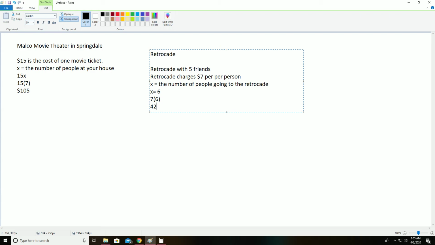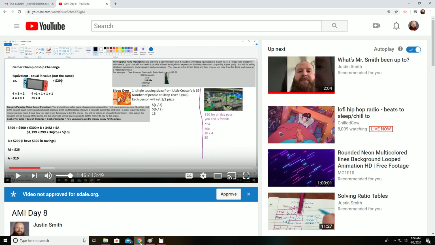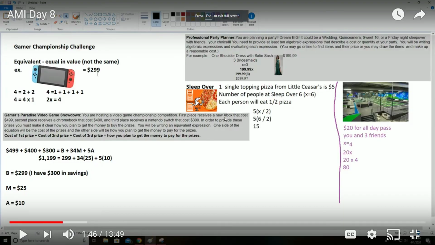See how I've made up two expressions just like that. Now, do you have to write all of this stuff up here? No, not necessarily. I'm doing this because it helps me and maybe helps you to understand a little better what each of these numbers represent. The variable is just representing how many people are doing the activity. So like back up here, for the bridesmaids, there's 3 bridesmaids, so they assigned the value of 3 here, and each bridesmaid's dress cost $199.99.